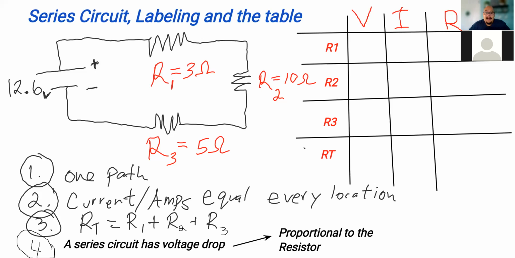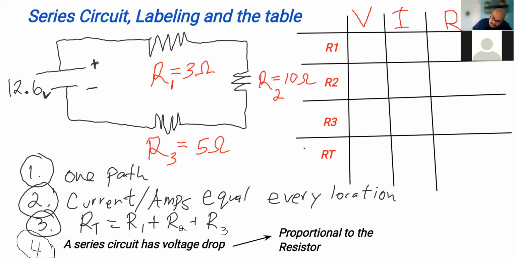Now, I see that we have a battery, and that is the total voltage that we have, 12.6. So where the T is, the row with the T, that's going to be my total row. So there, I am going to put 12.6. So I'm going to write a different color.